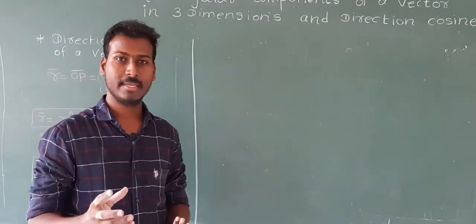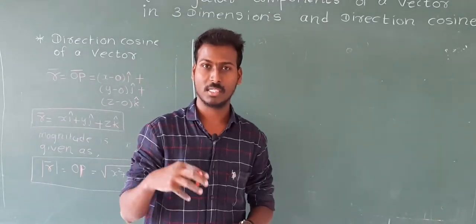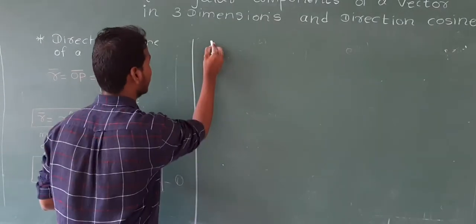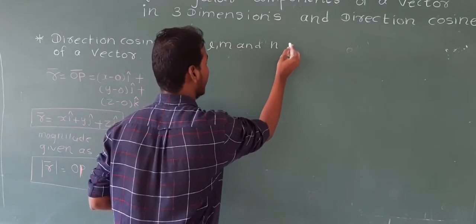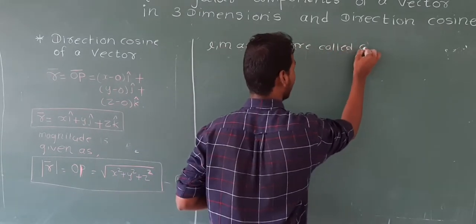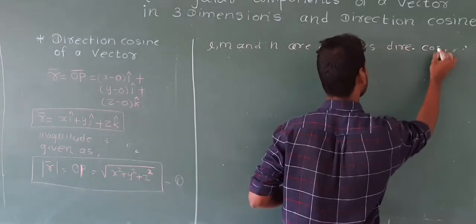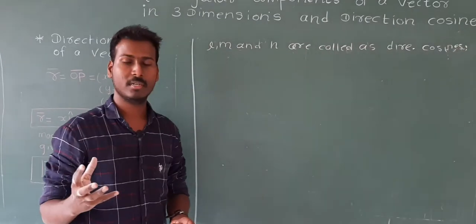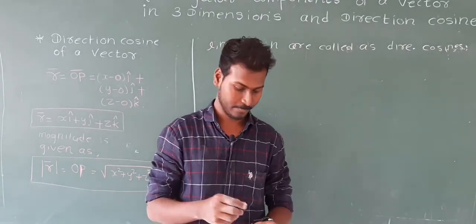Now the next part is to find one simple expression for the squares of the direction cosines. You know that l, m and n are called direction cosines. Let us observe what happens when we square all the direction cosines and add them together.